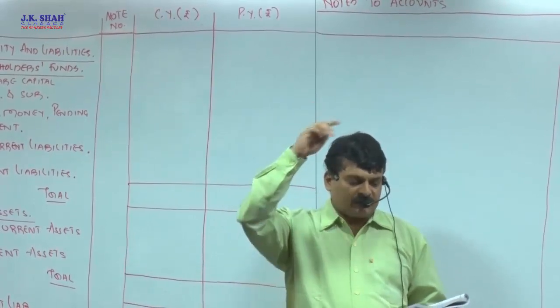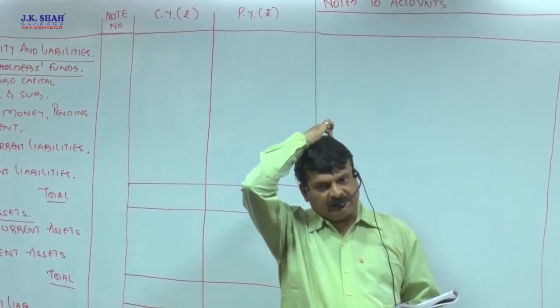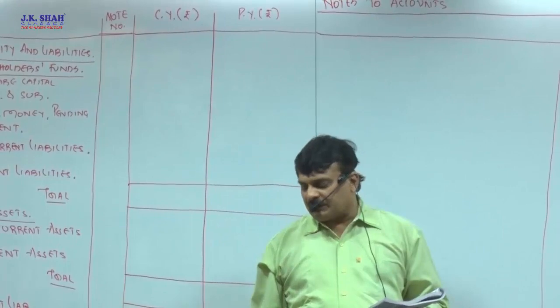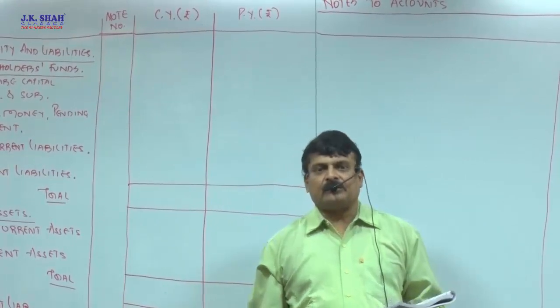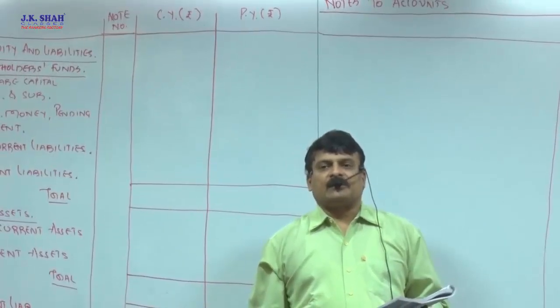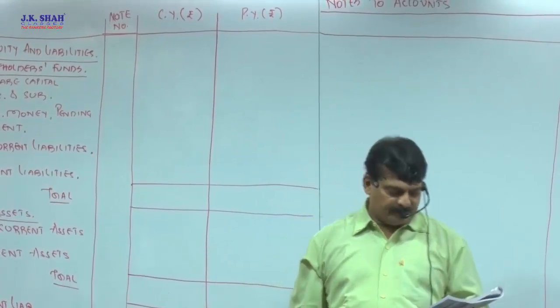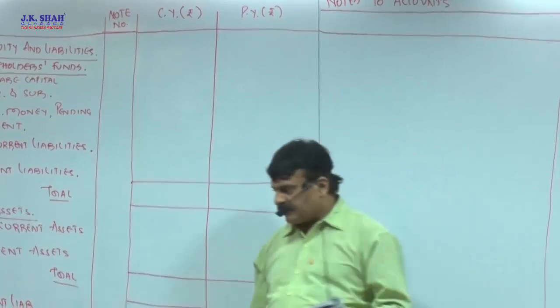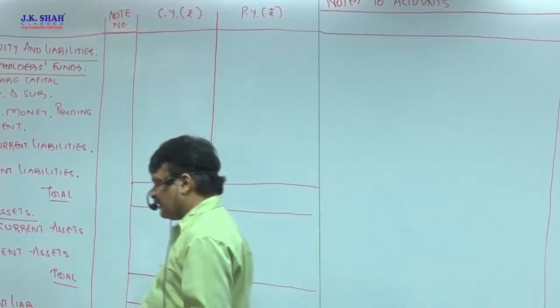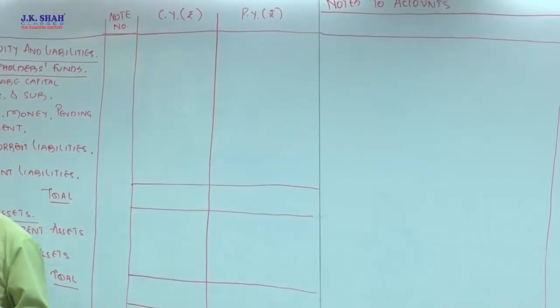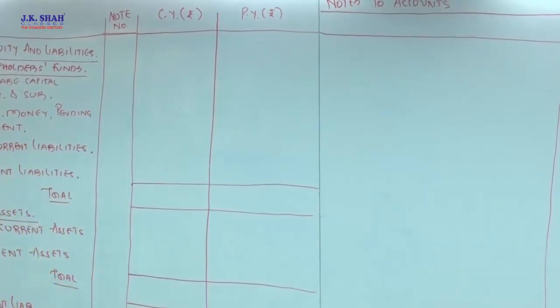Go to the top of the trial balance, second line on the top. Instead of 31st March 17, make it 31st March 13. As required under revised Schedule 3 of the Companies Act 2013. Our solution work starts now.